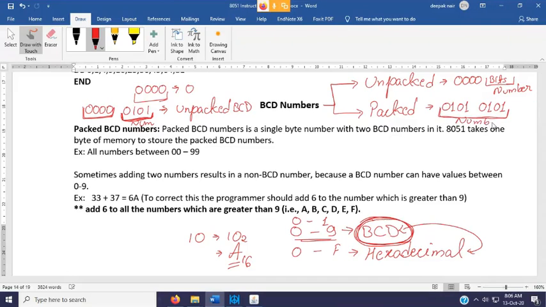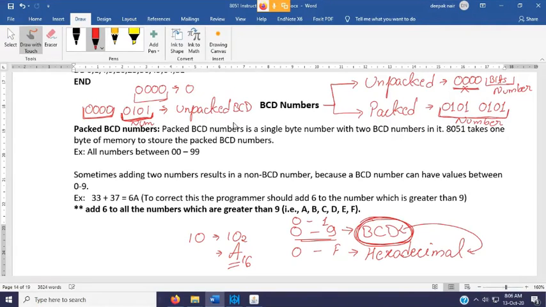So remember, this is the basic difference between packed and unpacked BCD. In unpacked BCD, upper 4 bits are not used, or you can say they are always 0, and the lower 4 bits are used to represent the number. Whereas in packed BCD, we use all 8 bits to represent the number.